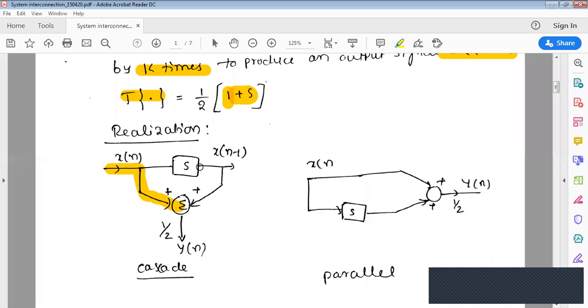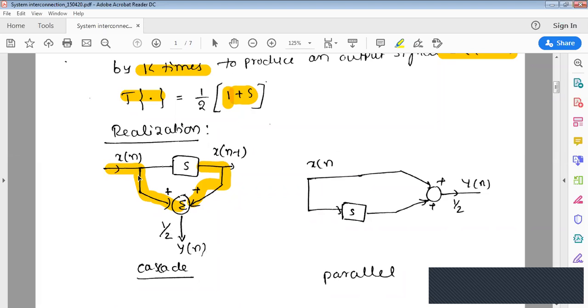So I will add x of n minus 1 to the output. So what is the final output here? X of n plus x of n minus 1. Finally, I will multiply this signal by a scaling factor 1 by 2, which will represent y of n. If you represent the system in this format, then it is called cascade representation.